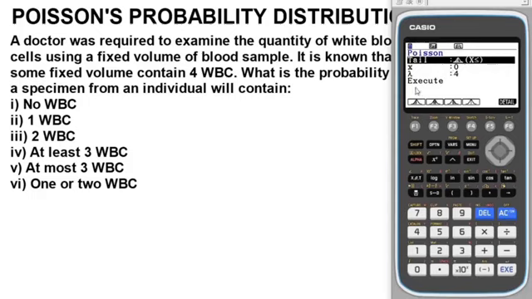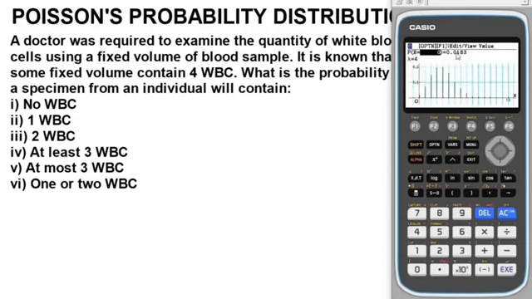You're going to solve when x is an equality value. So to put an equality sign for x here, we're going to press F4. As you can see, we have an equality sign here now. So let's go ahead and get the probability that a specimen from an individual will contain no white blood cell. Let's press execute for the answer.